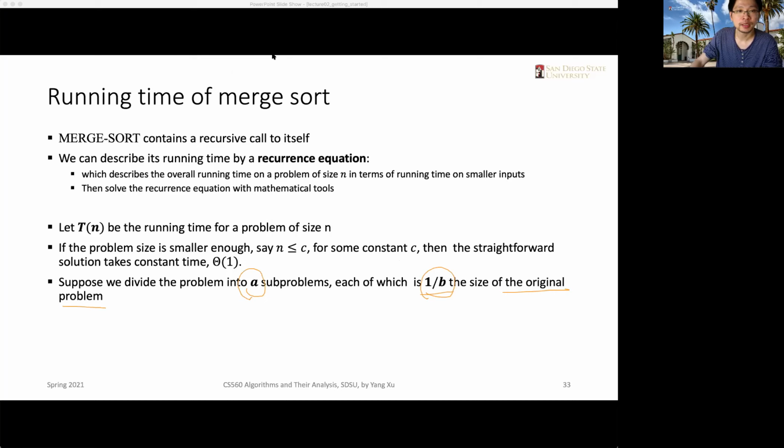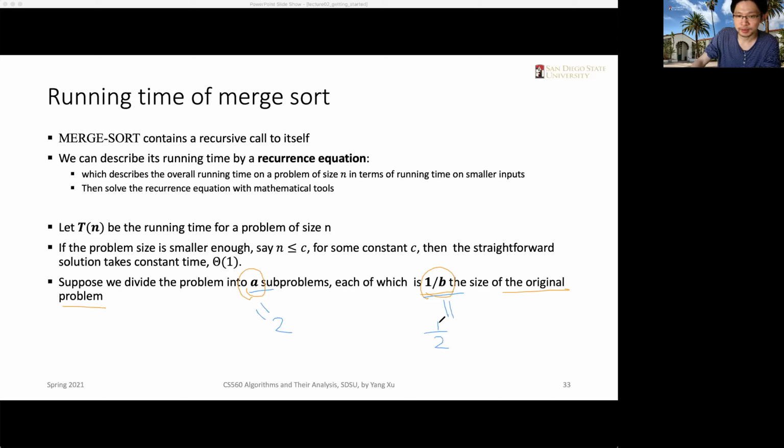Here I use a more general case where a and b are used. But for merge sort in particular, a equals 2, and 1 over b is 1 over 2.